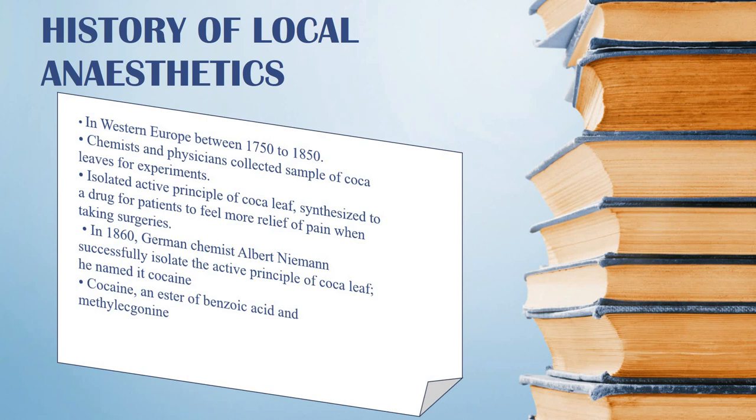It is an ester of benzoic acid and methylecgonine. So this is a brief history about local anesthetics, how it was discovered, why it was used, and what was the first active component that was obtained, and how it has been esterified from two components, that is benzoic acid and methylecgonine.